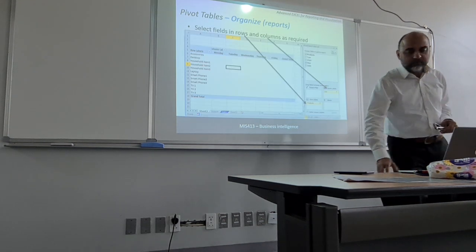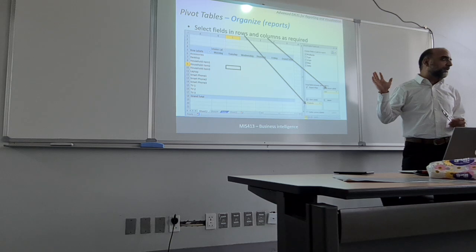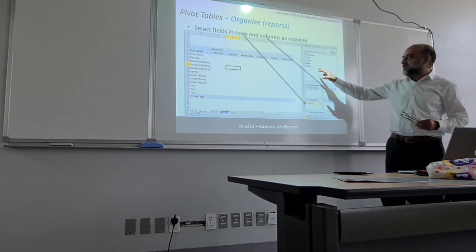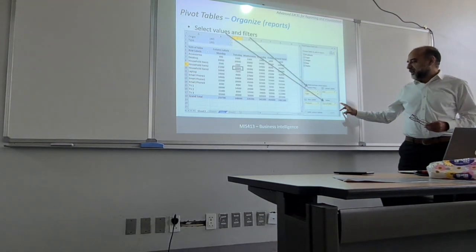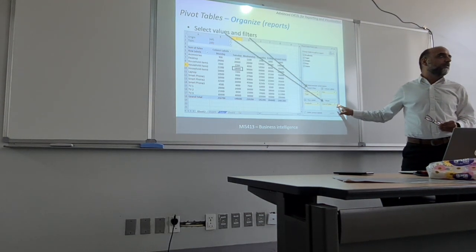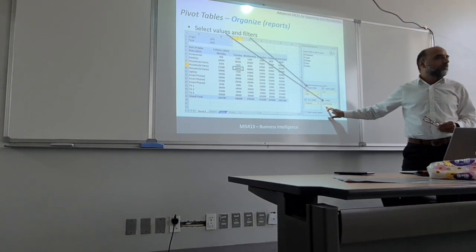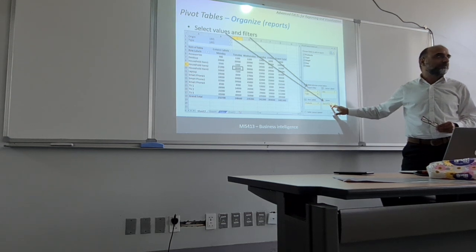So based on that, you remember the drag and drop thing that we did last time, right? Values is sales, so you just drag and drop the values in there. By default, if you remember, it always gives you sum, total. But what do you do if I'm looking for average, not sum, or minimums or maximums?